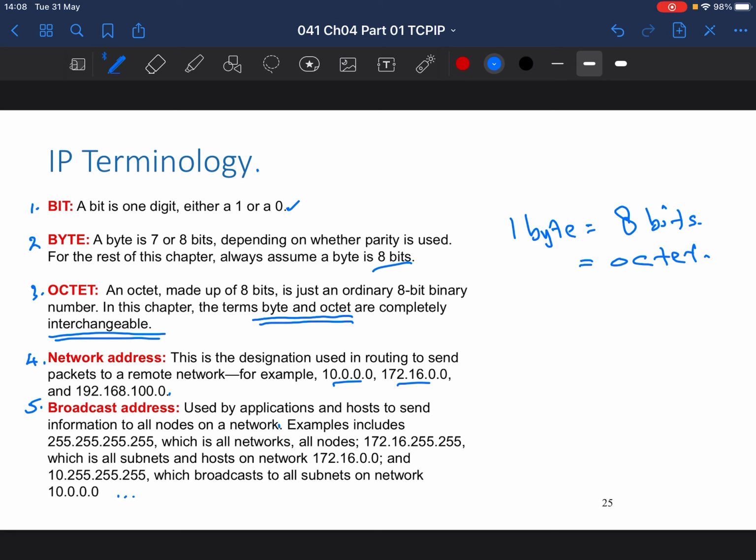Examples include 255.255.255.255, which is all networks, all nodes, or 172.16.255.255, which is all subnets and hosts on the network, and 10.255.255.255, which broadcasts to all subnets on the network.